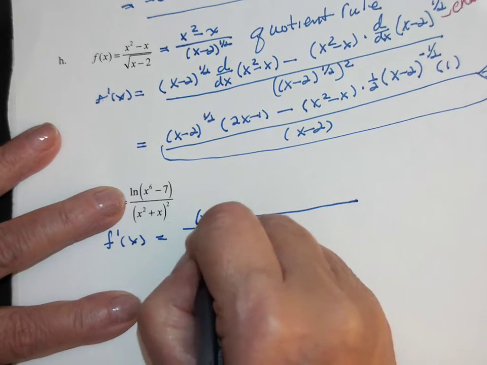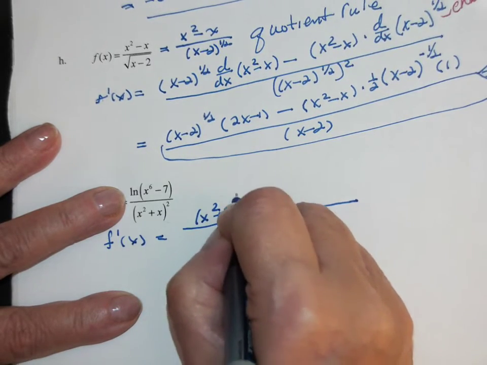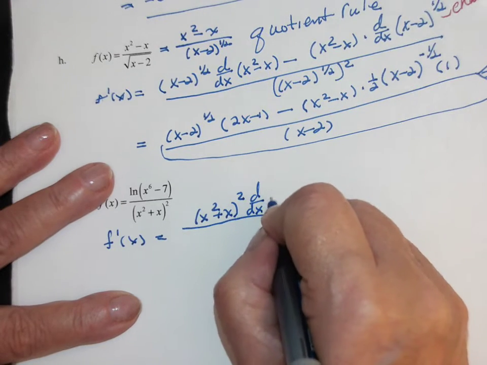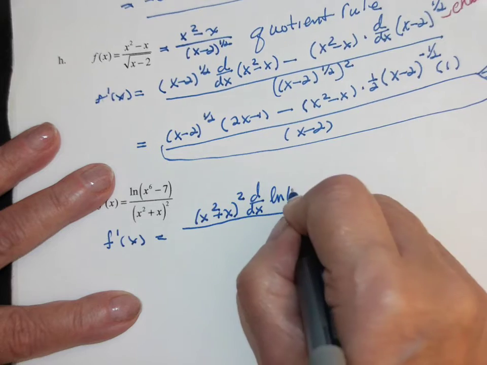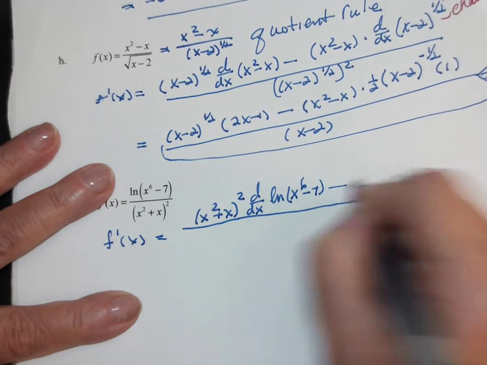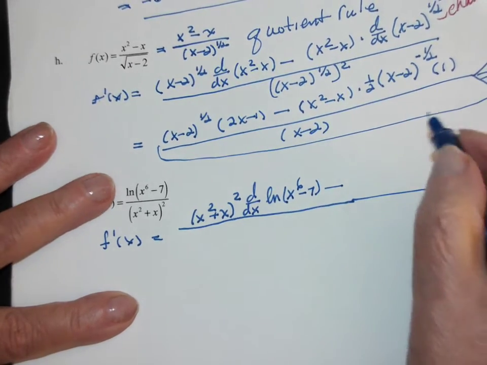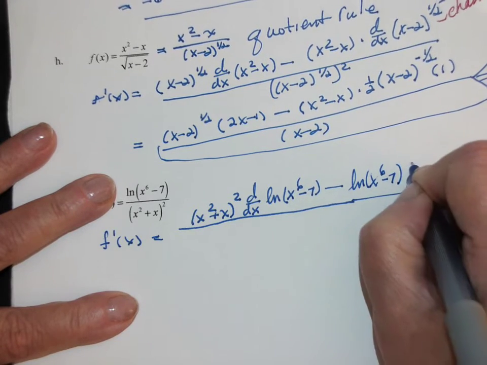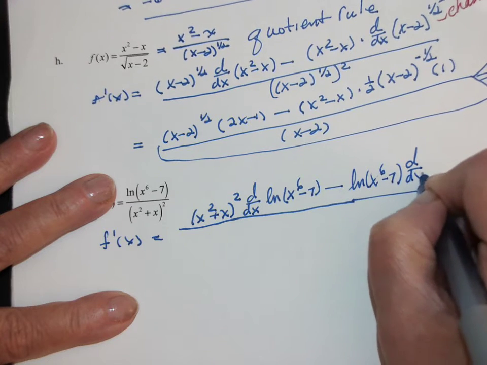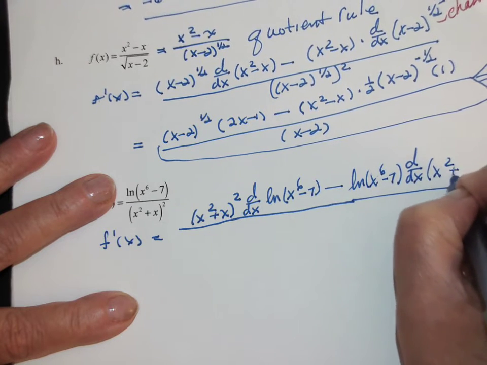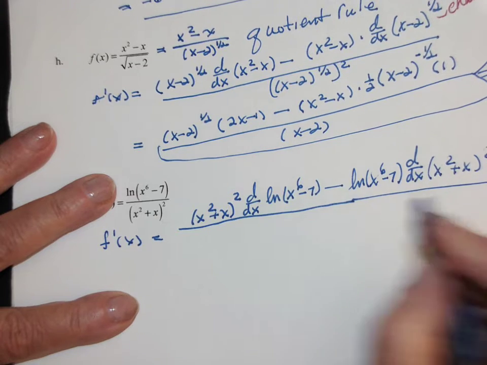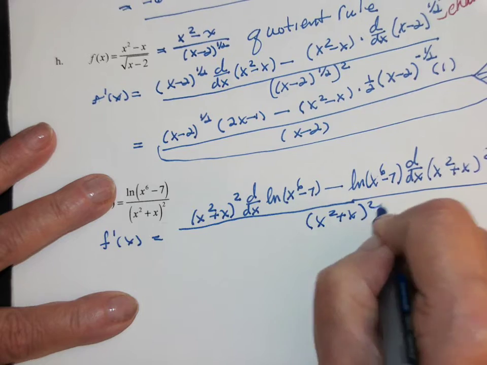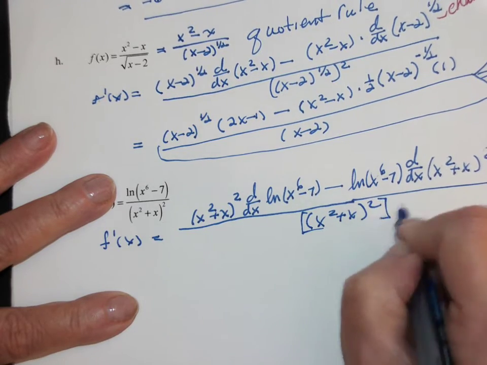Bring the denominator up times the derivative of the numerator, minus the numerator times the derivative of the denominator, all over the denominator squared.